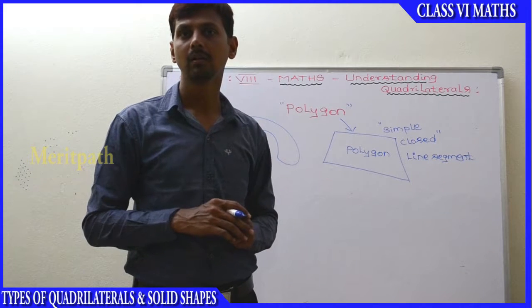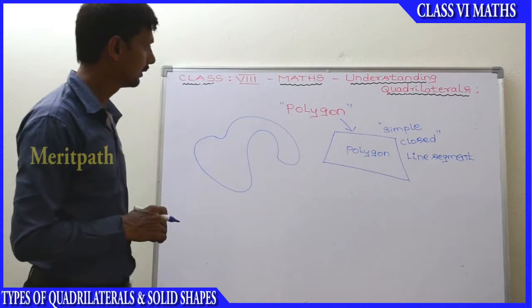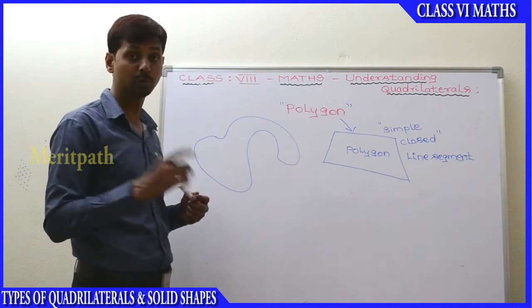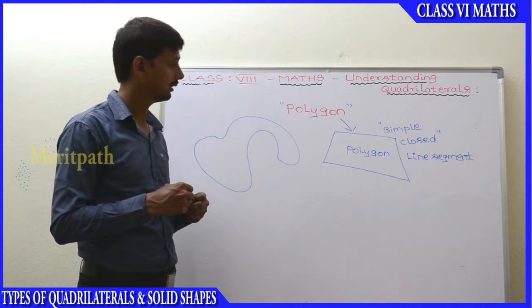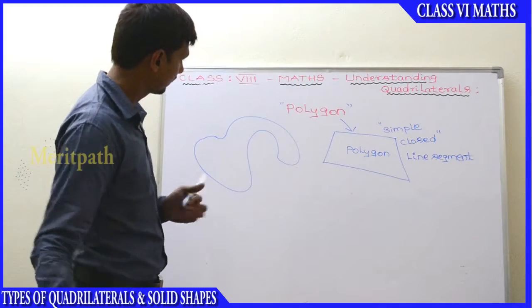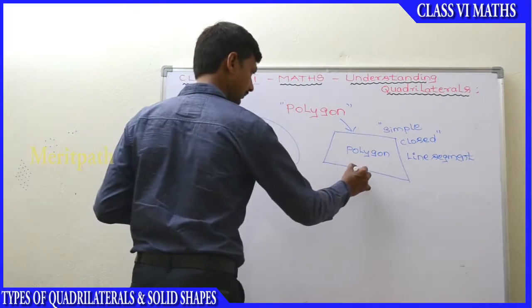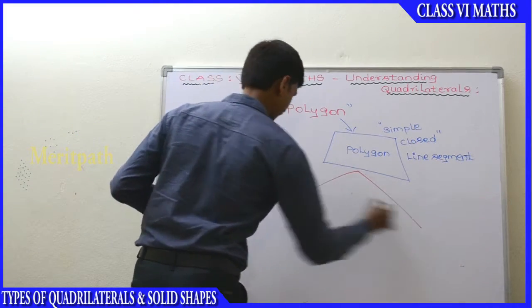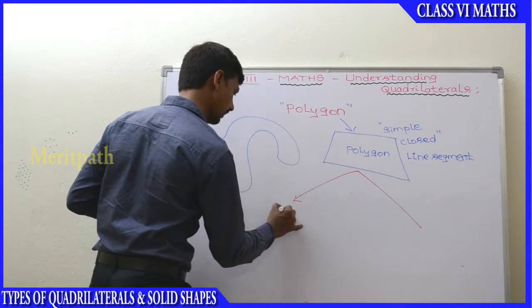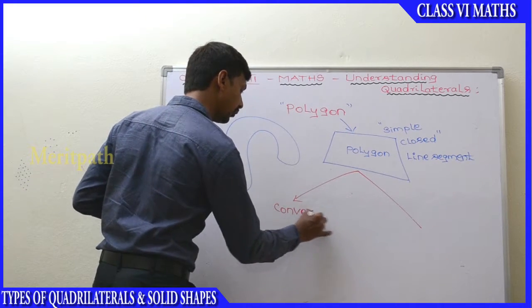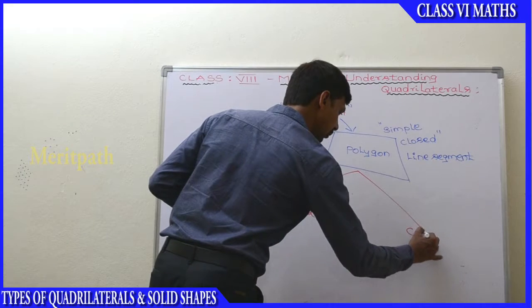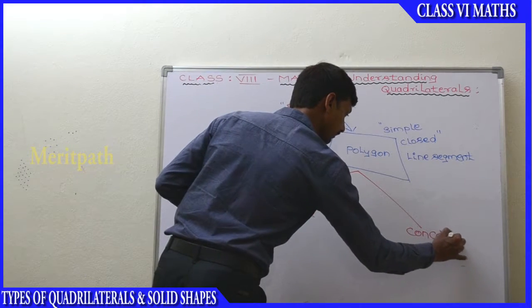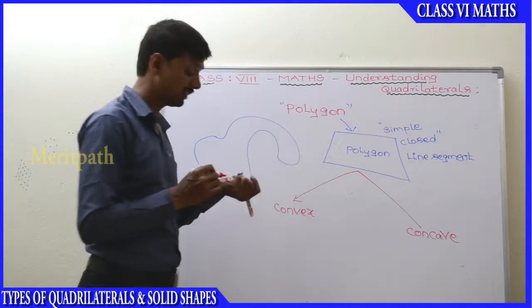So polygons are of two types: convex polygon and concave polygon. Two types of polygons we have.